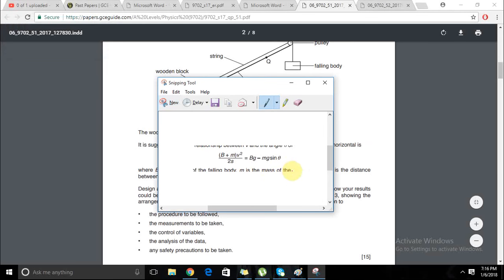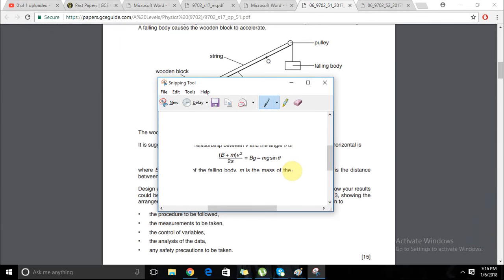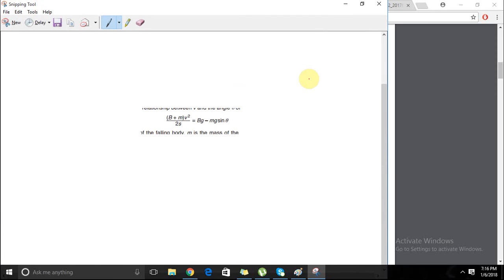Well, we can't just draw v. We have to actually make a graph that is a straight line, because those are the ones that are easiest to analyze. We get a curve, so hard. So you have to manipulate this complicated equation into something that would give a straight line graph. So we have v square over here, and we have sine theta over there, and we know y is the straight line.